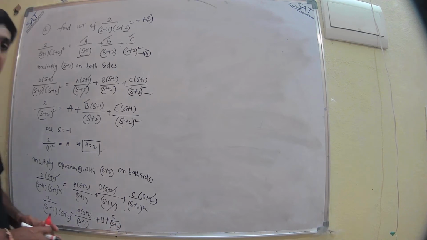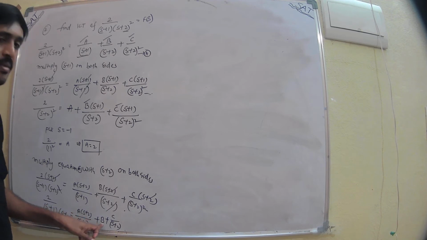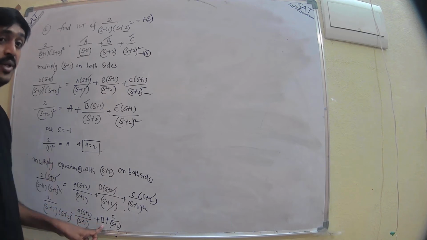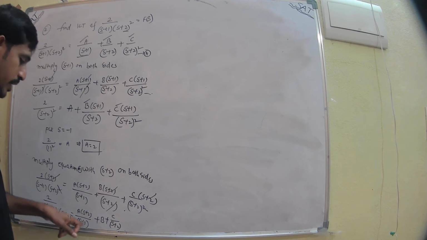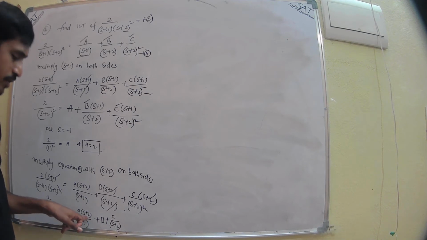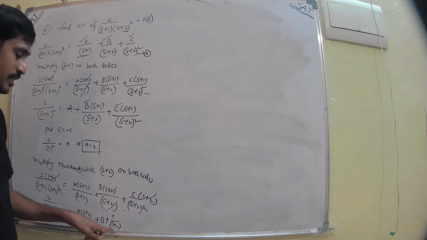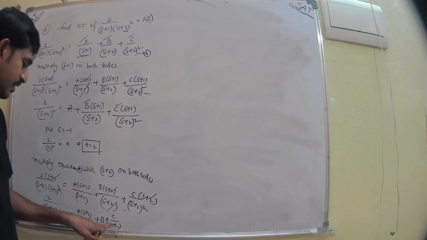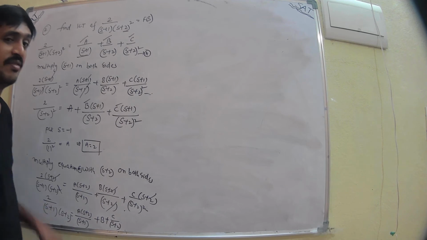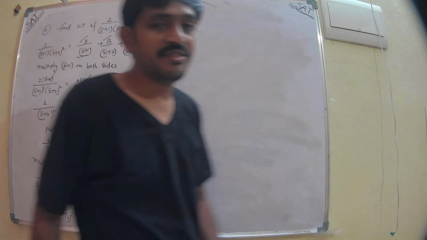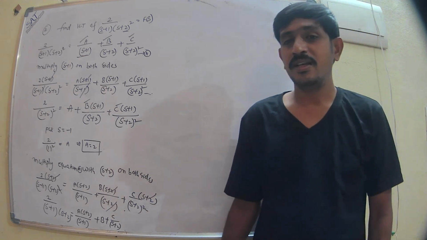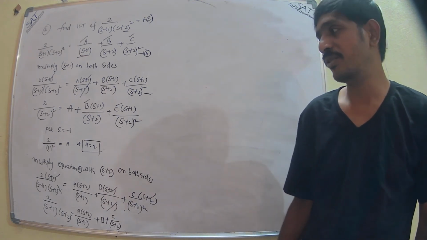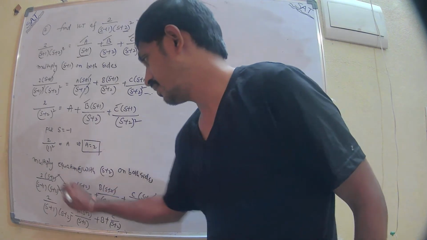So I can isolate the B value. To isolate B, we could substitute s equal to minus 2. But if we substitute s equal to minus 2, this term is infinity and the function is undefined, so it is not correct.